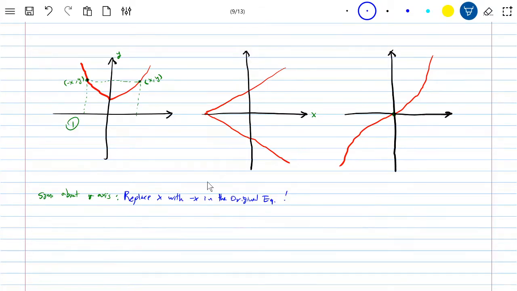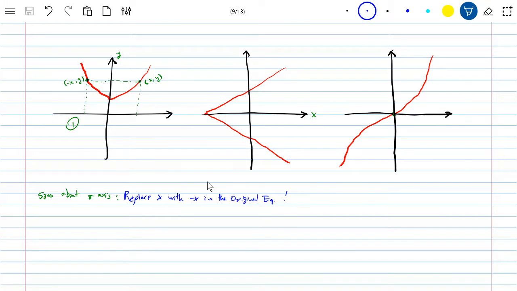Let me actually pick a different color here. We would replace x with negative x and see if we get the same equation. If that happens, that means both the point x, y and the point negative x, y belong to the equation. It means the equation is symmetric about the y-axis.